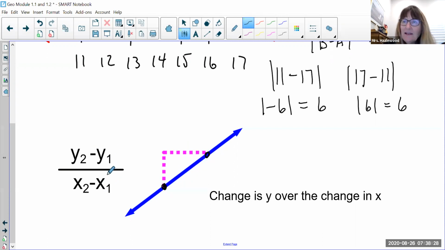You're just finding the length between them. That's why on a graph, if the slope comes to 4/3, I know I can count up 4 and over 3. So the slope is just the change in y over the change in x. How is y changing? How is x changing?